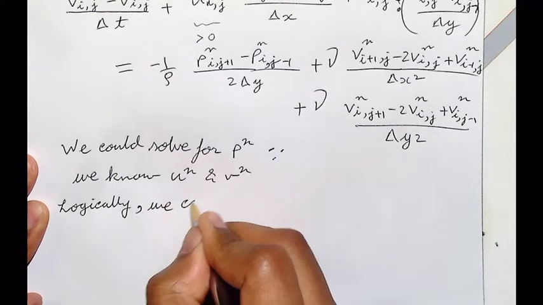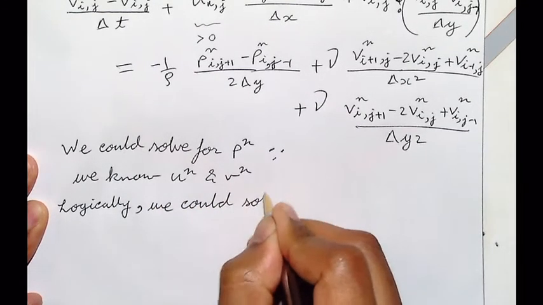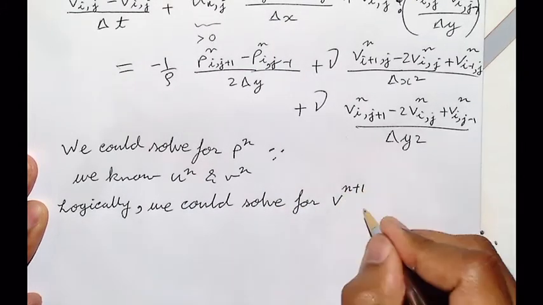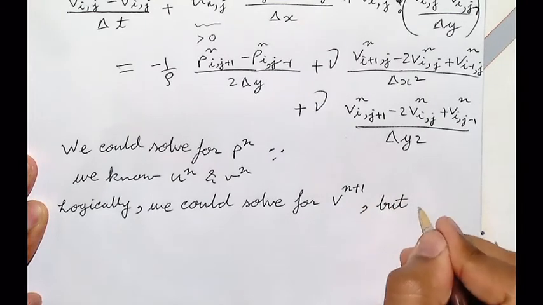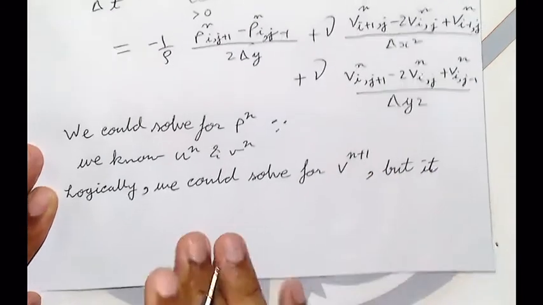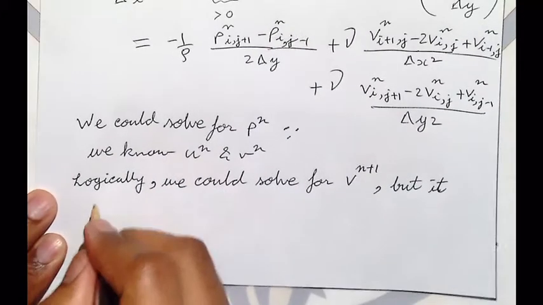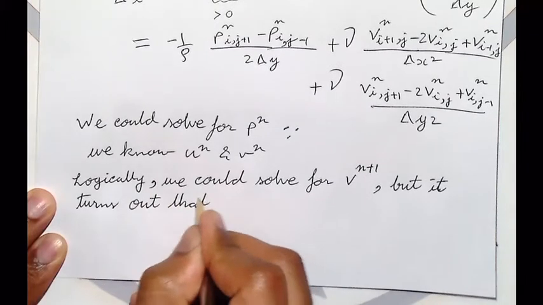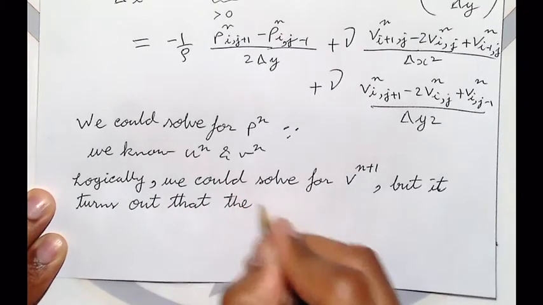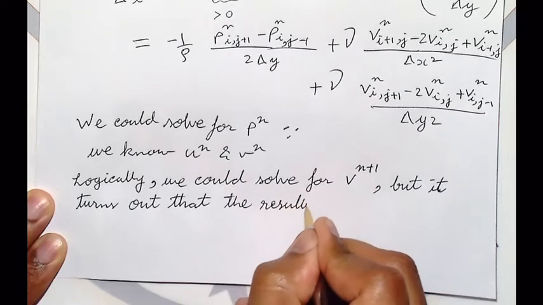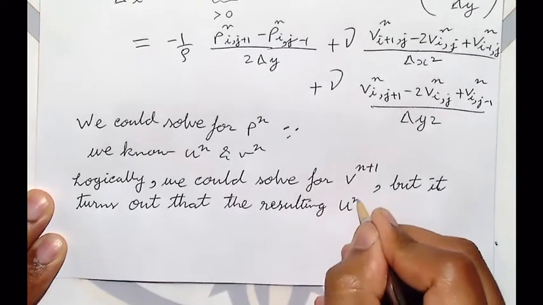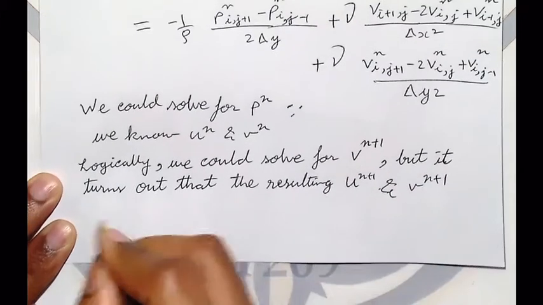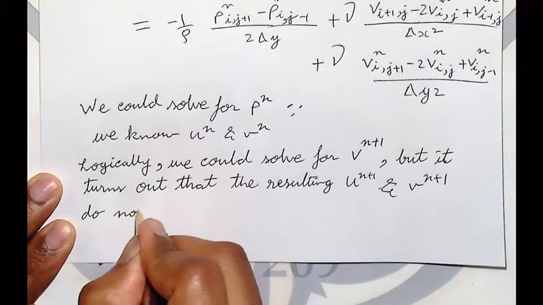All right. Logically, we could solve for Vn plus 1, but it turns out that the resulting Un plus 1 and Vn plus 1 do not satisfy continuity.